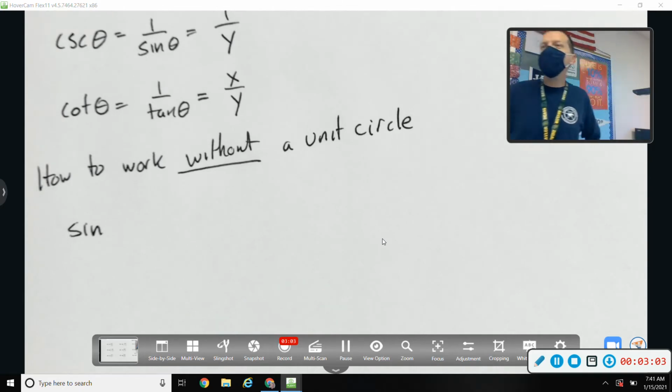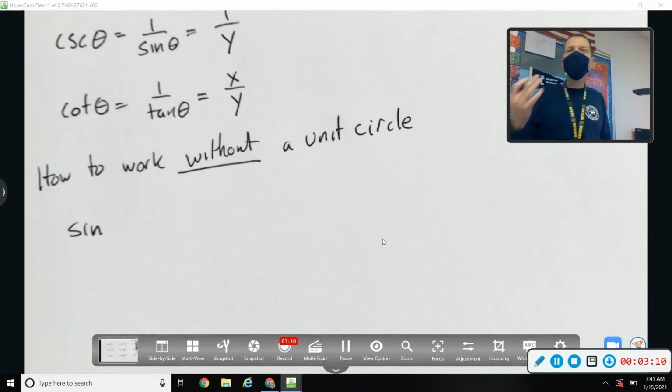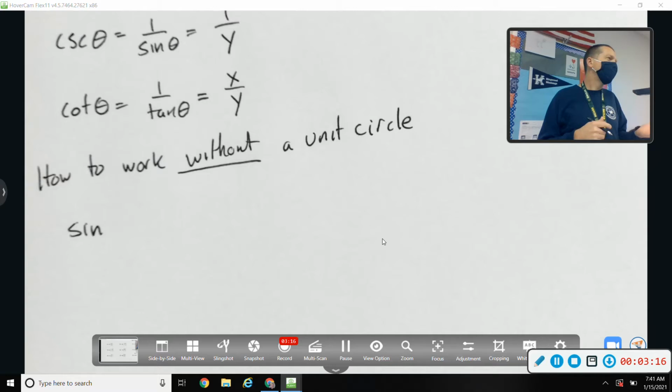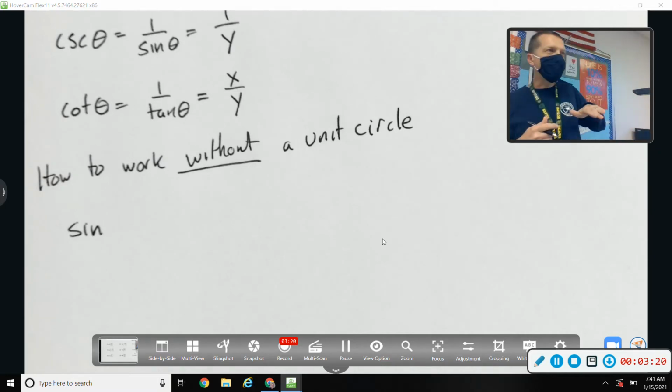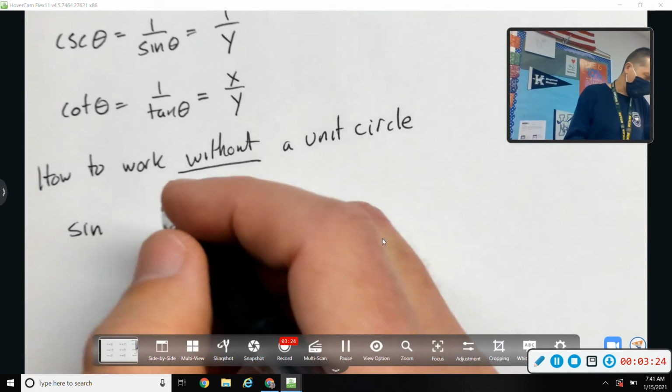We'll see if we can do this without looking at the unit circle. Obviously, you'll have it, so if you want to check your answers as you go, that's fine. But don't stare at the unit circle while we do this, because we want to get to the point where we can do it this way rather than the stare-at-the-unit-circle way. So take one last look at it, flip it over, and I'll walk you through how to get there without staring at the unit circle.